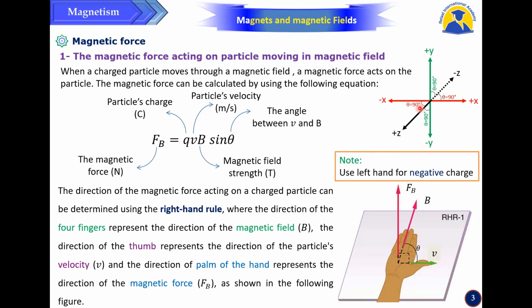For example, inside the paper and outside the paper. We can express the negative and positive z-axis by a dot and a cross. Dot is the positive z-axis and x is the negative z-axis. So we can replace positive z with a dot and negative z with an x.